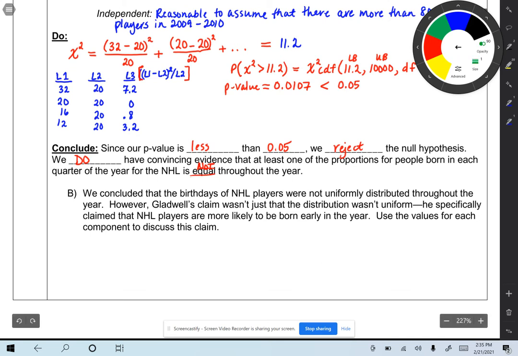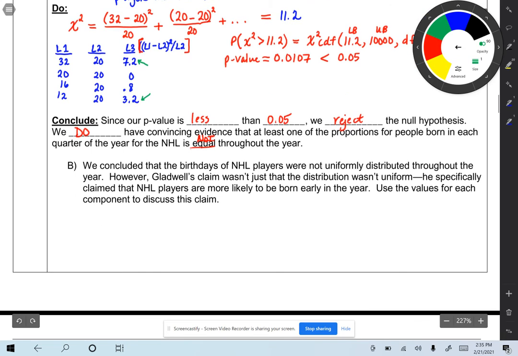So going back to our components, this one contributes, this one contributes. The largest one contributes the most. So you could mention both of them. So I would go about doing something like this.